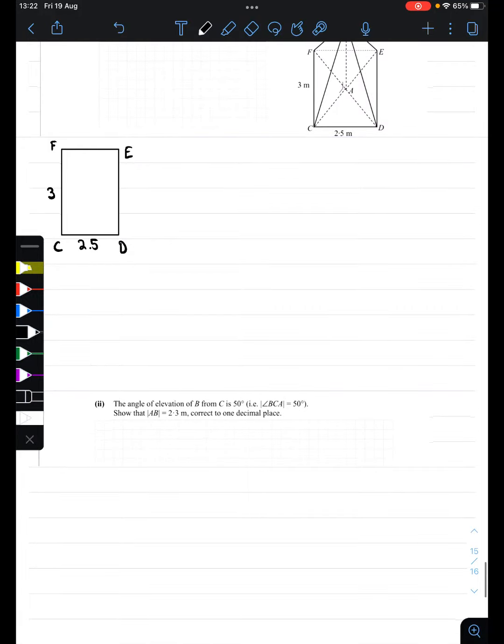And A is the intersection of the diagonals. So A is here. And we want to find the length AC.